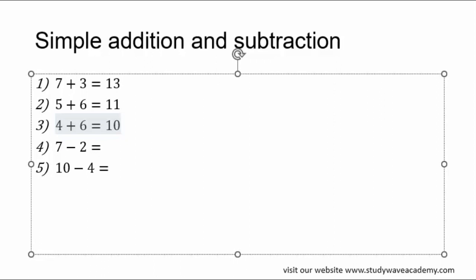When you minus 2 from 7, what is going to be our answer? 5. Correct. Okay. The next one we have is 10 minus 4. 10 minus 4 is going to give us what? 6. Correct. I hope we got these answers fast.